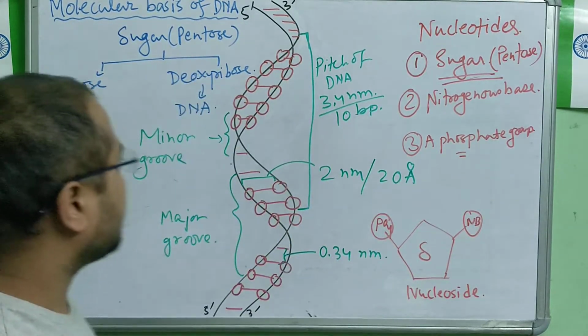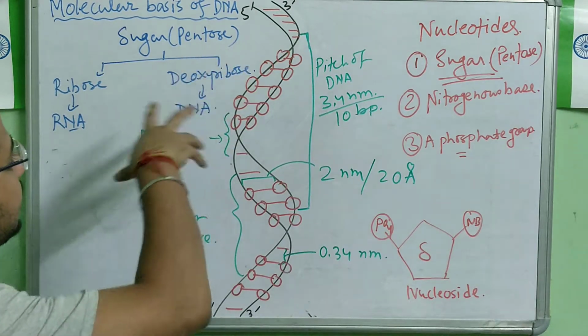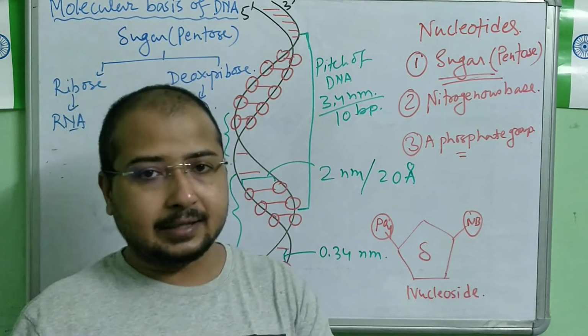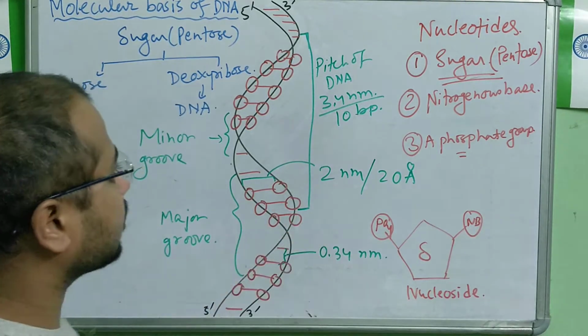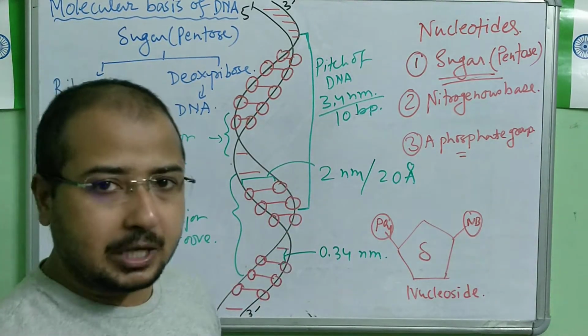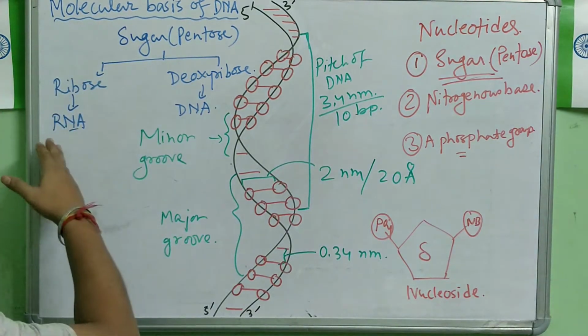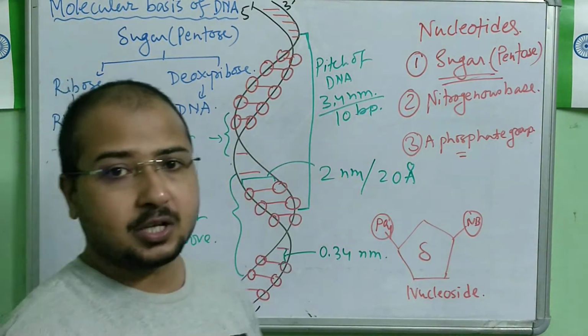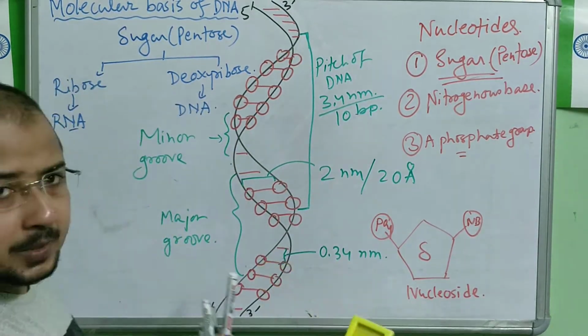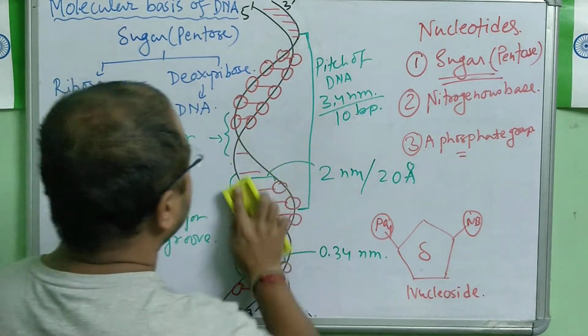This is how the sugar is present in the DNA and in the RNA. Here we are talking about the DNA, so it is the deoxyribose which is present here. Separately I will show you the structure of the deoxyribose and ribose sugar both. I hope this much is clear to you. So let me just rub this part.